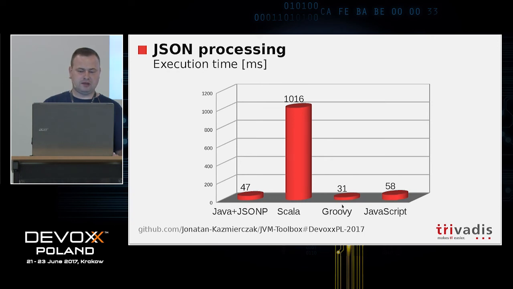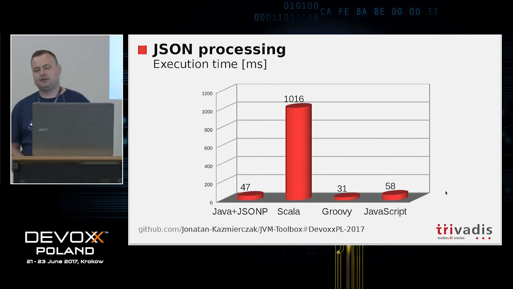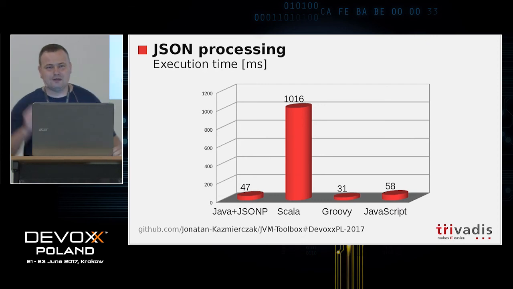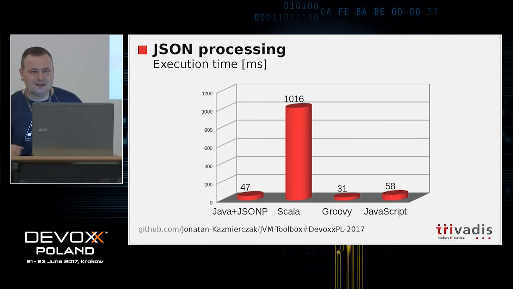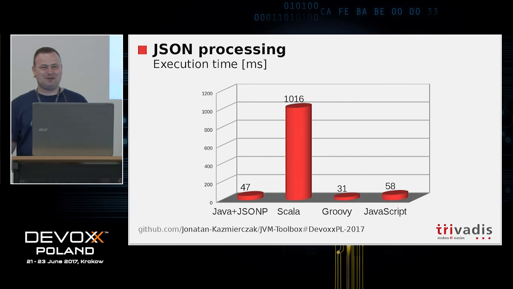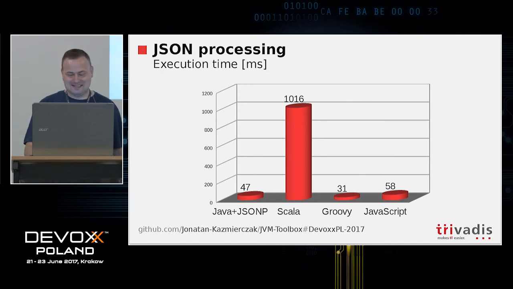Comparable with Groovy and Java for JSON processing. Actually, I was expecting that it would be the best one in JSON processing. I was a bit surprised. Sorry, I didn't get that. I was a bit surprised that JavaScript was not best in JSON processing. Mm-hmm. Yes, and I guess that it's good actually, because I said there may be a couple of surprises, so it's good that the results surprised you.